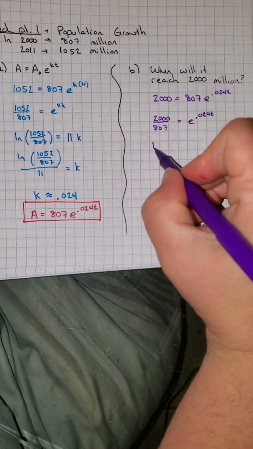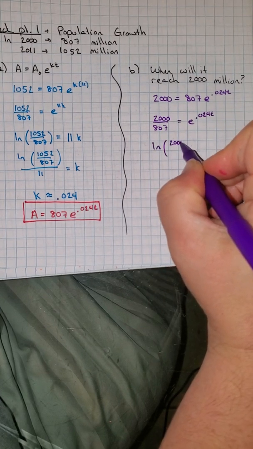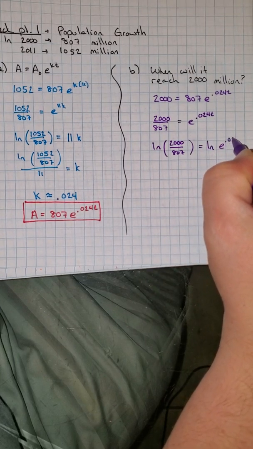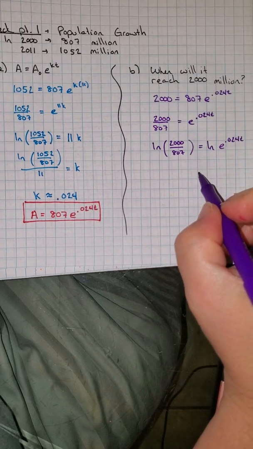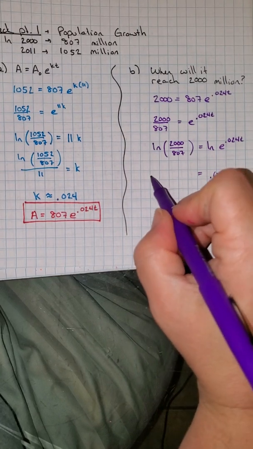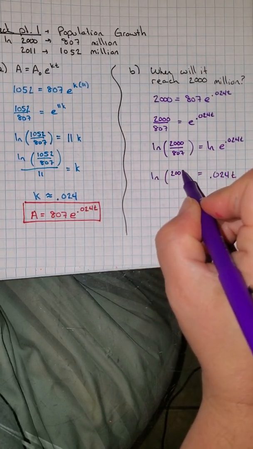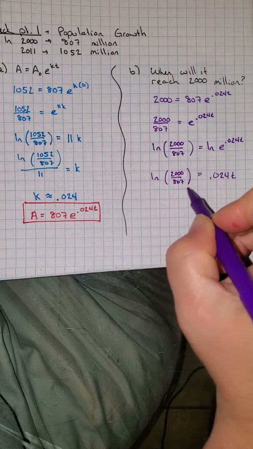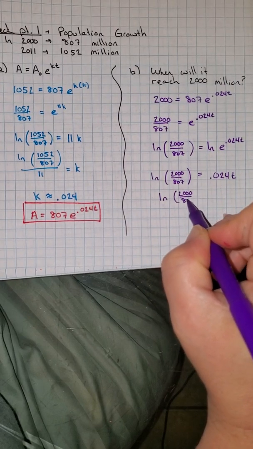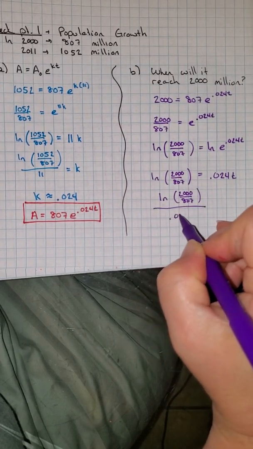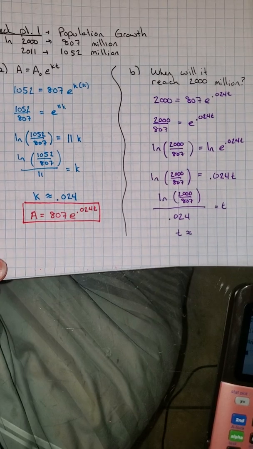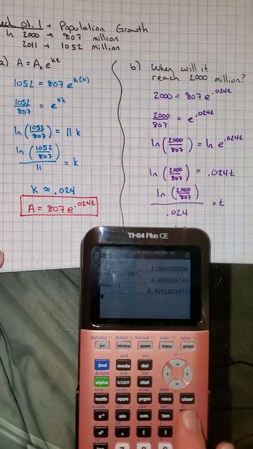To get that t down, we're going to take the natural log of both sides. Which natural log of that is just the 0.024t, because the natural log of e is 1. And then we just divide by 0.024. And we can see approximately what t is.